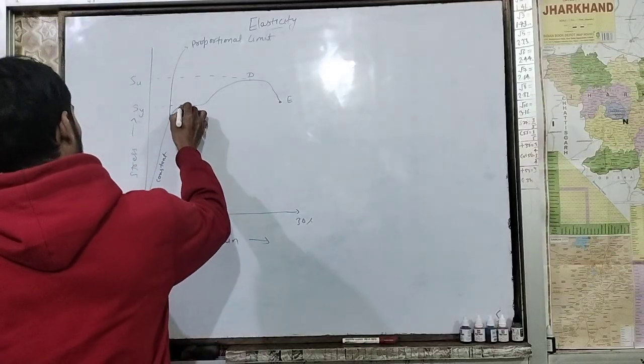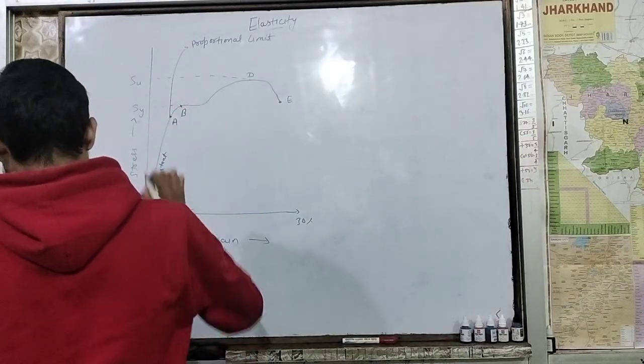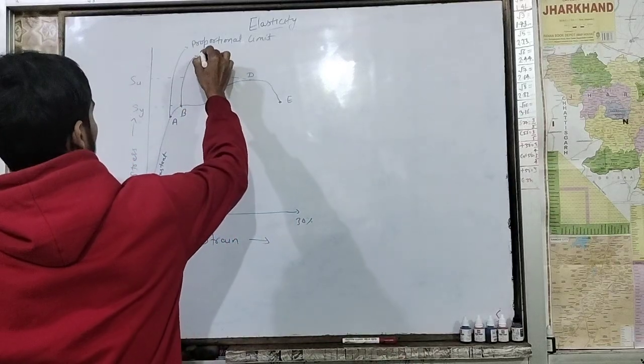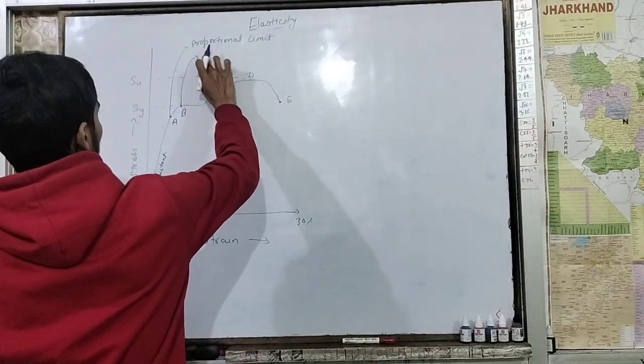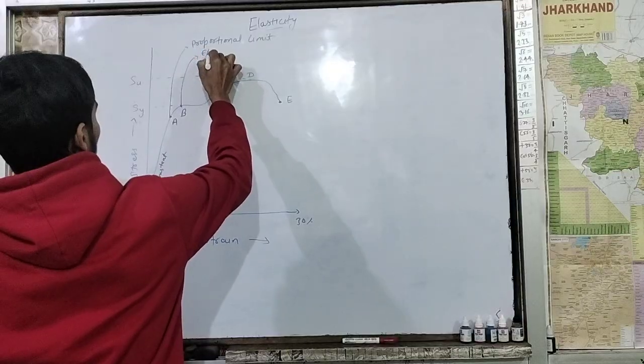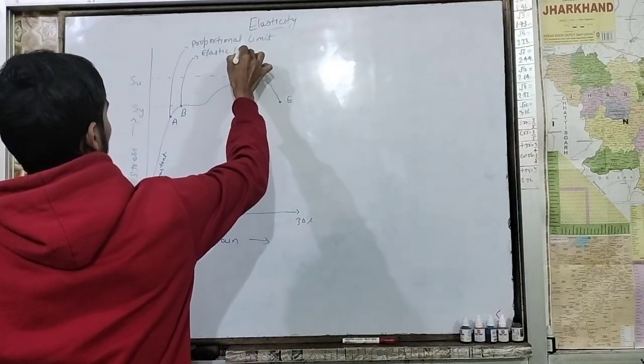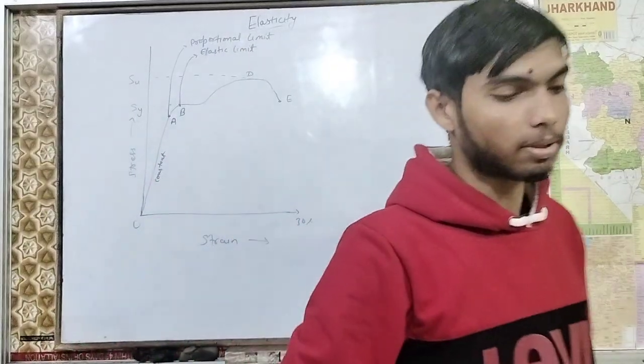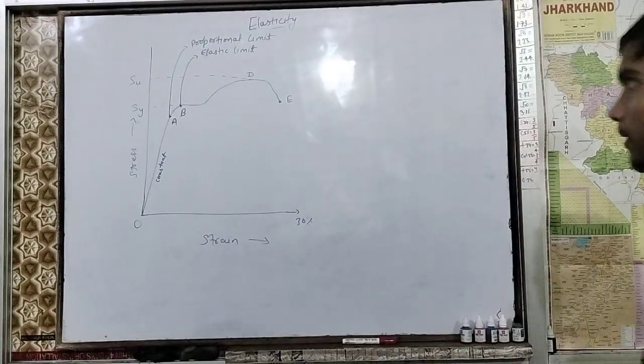And this point B is the elastic limit. I have explained what the elastic limit is. This is the limit where we get maximum stress.